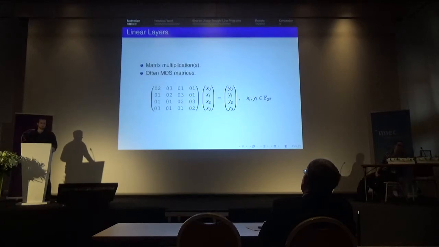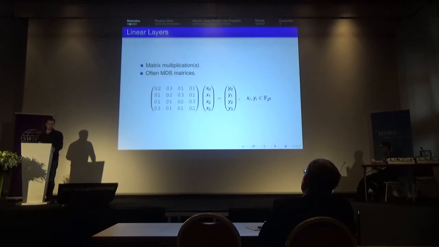So linear layers consist of matrix multiplications, and often these are MDS matrices, because MDS matrices have very good optimal diffusion properties. And here's an example of the AES MixColumns matrix, probably everybody knows.